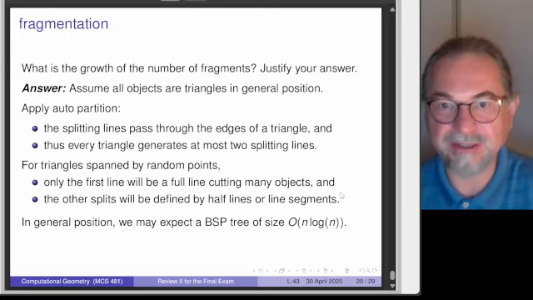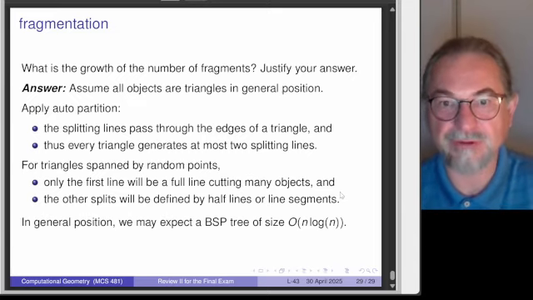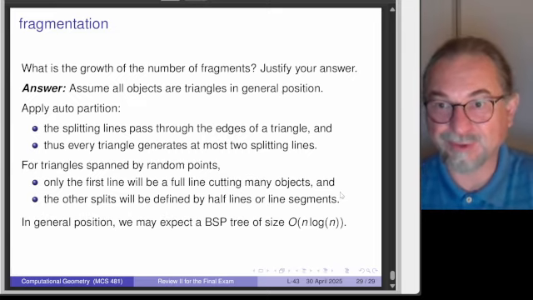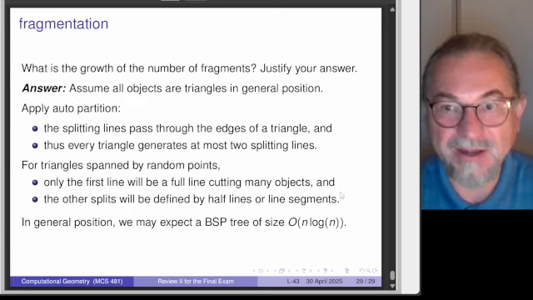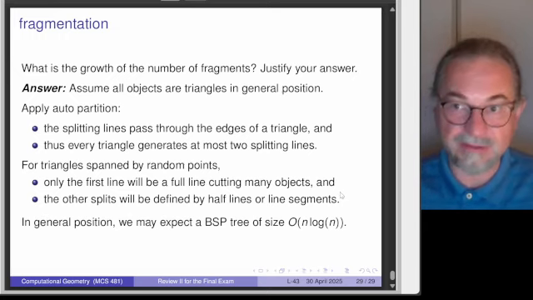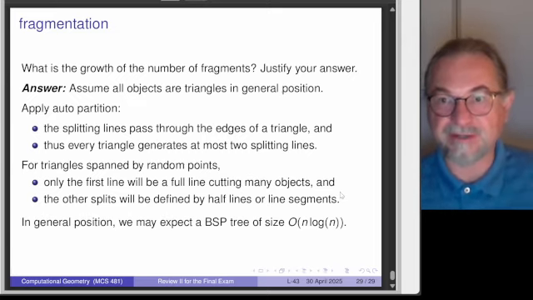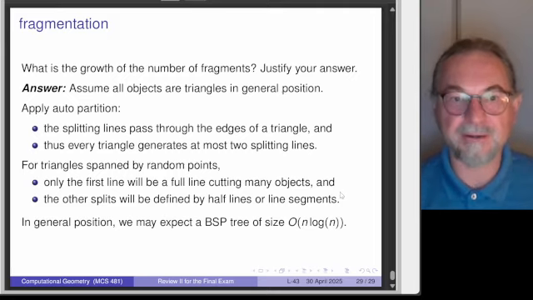We will actually have lines that pass through an edge of a triangle. And that actually will not fragment that triangle. And if we have to split, then again, we can take just yet another edge of that triangle. So in some sense, every triangle generates two splitting lines.